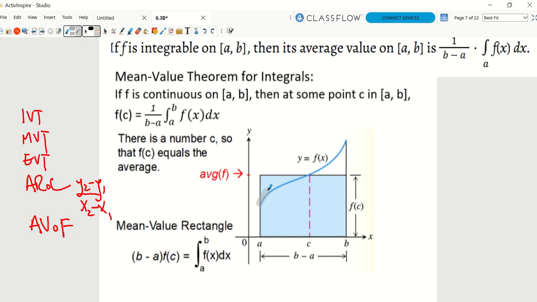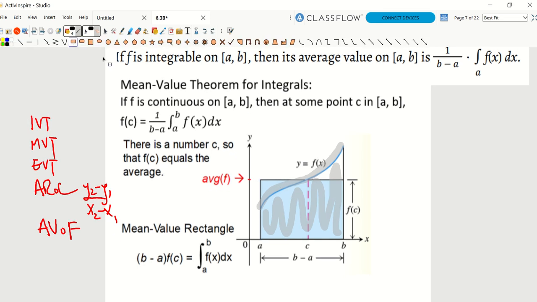We got a function, and we have the area underneath the curve, okay? And let's say the area is 20. Okay, I made it up. There is some rectangle, okay? Is it here, where the point of intersection is there?